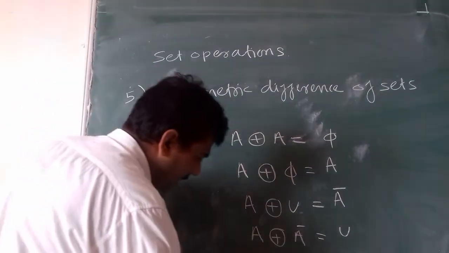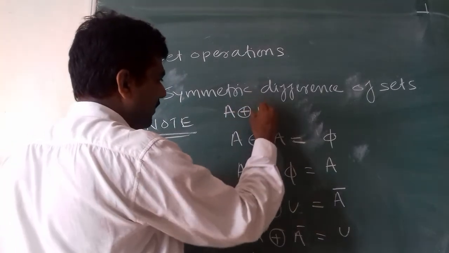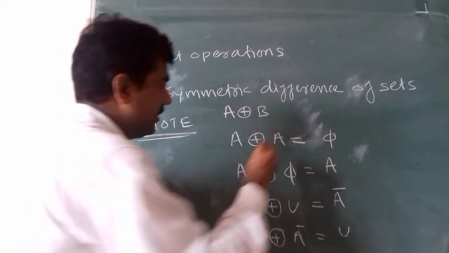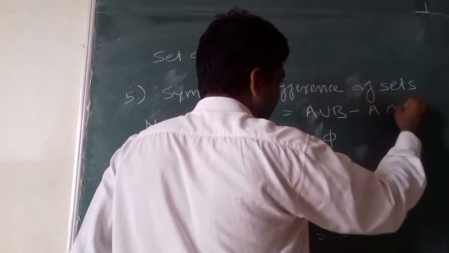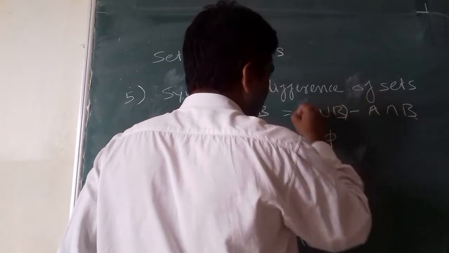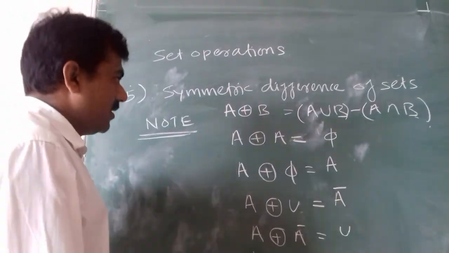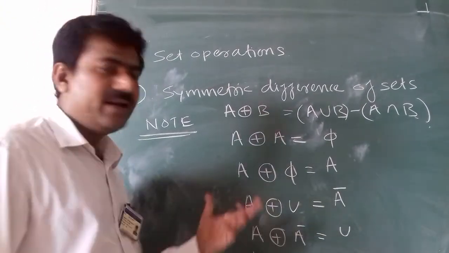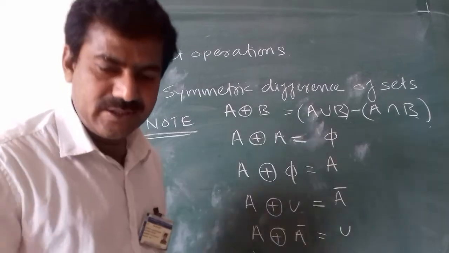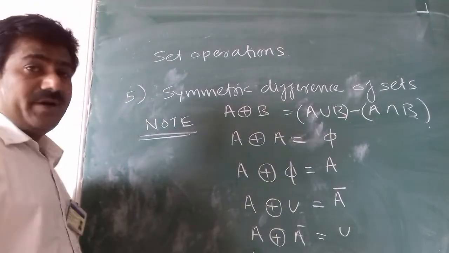The last property is that A symmetric difference B is equal to A union B minus A intersection B. You can cross check these properties by taking any arbitrary elements. So these are the five set operations.